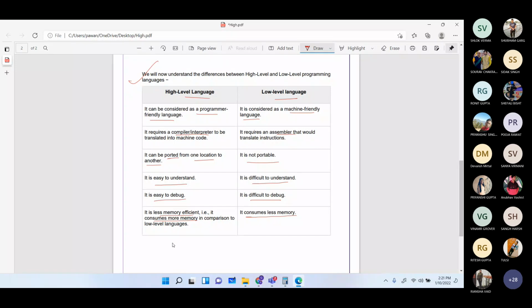To store a character like A, we need its bit code as well as the font size code and color, all the information you have to store. That is why it requires more memory.